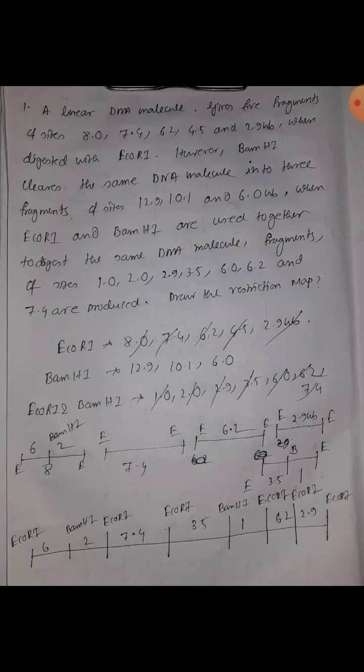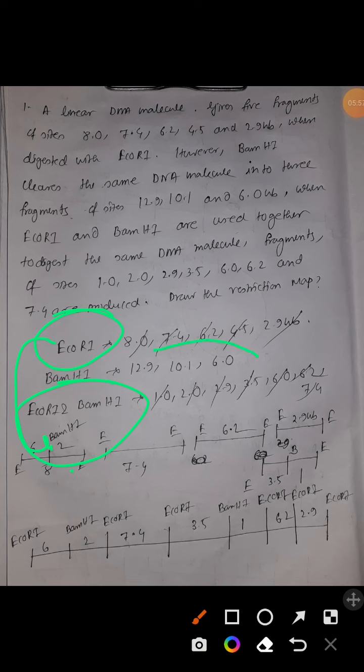The fourth step will be to compare EcoR1 with EcoR1 BamH1 to find out the restriction sites for BamH1 in the EcoR1 generated fragments. Once we find them, now we have to use combinations to form the fragments generated by the other restriction digestion that we have not chosen for comparison with the double digestion, and we will get our result.